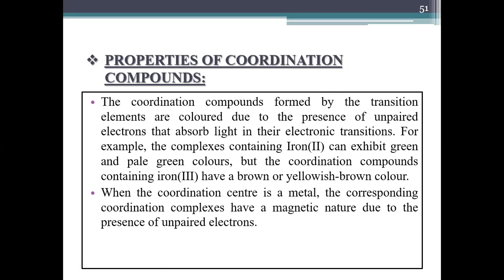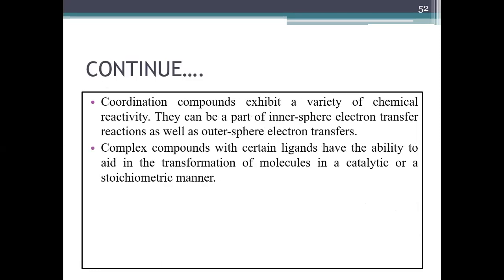When the coordination center is a metal, the corresponding coordination complexes have a magnetic nature due to the presence of unpaired electrons. Coordination compounds exhibit a variety of chemical reactivity. They can be a part of inner sphere electron transfer reactions as well as outer sphere electron transfers. Complex compounds with certain ligands have the ability to aid in the transformation of molecules in a catalytic or stereoselective manner.